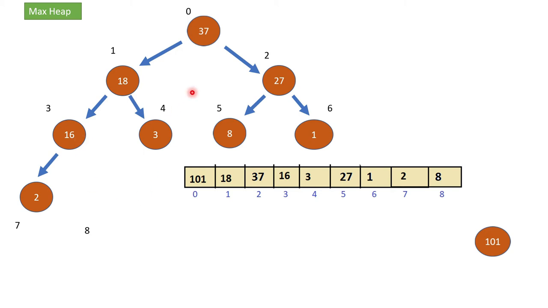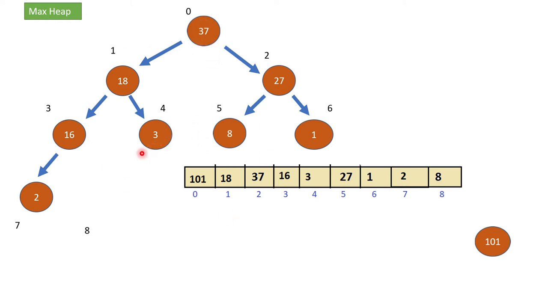So what is the root now? The root is 37, and 37 is the highest value in this max heap. Previously the highest value was 101. Now after deleting and making it a max heap again, 37, the root node, becomes the max value.